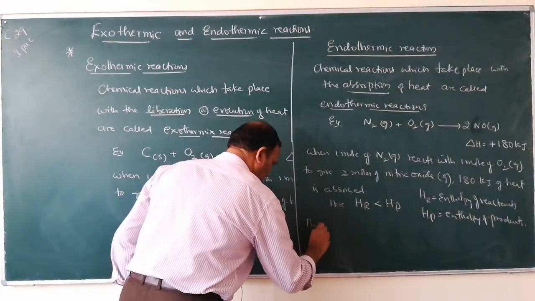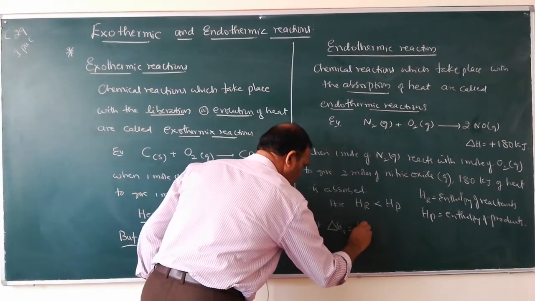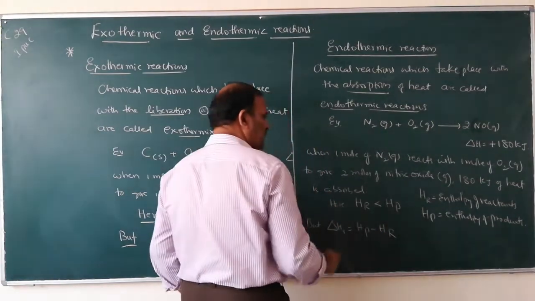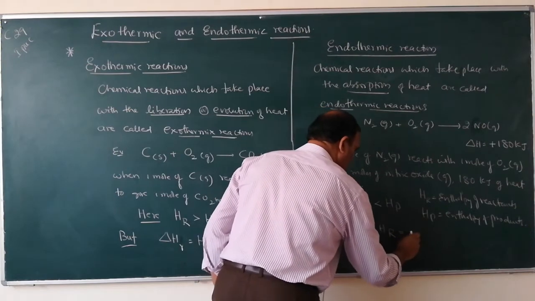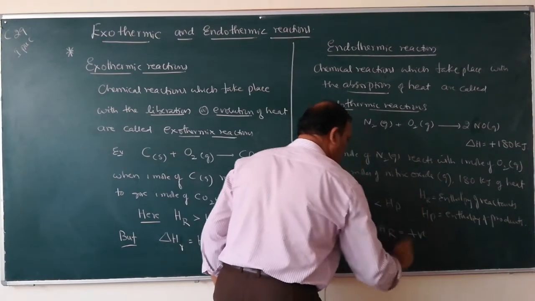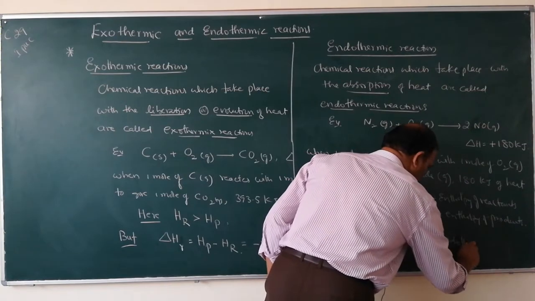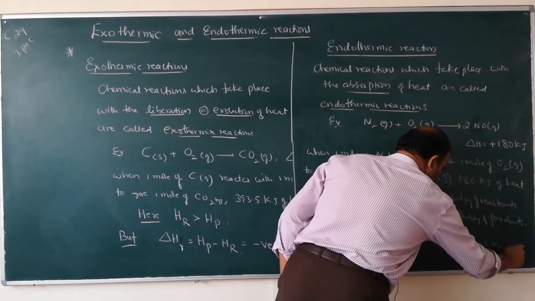But what is delta H? Delta H equals HP minus HR. Since HP is greater than HR, delta H is positive. It is an endothermic reaction.